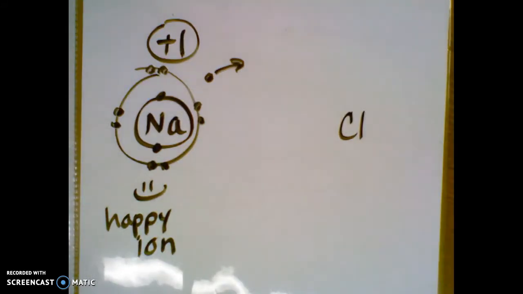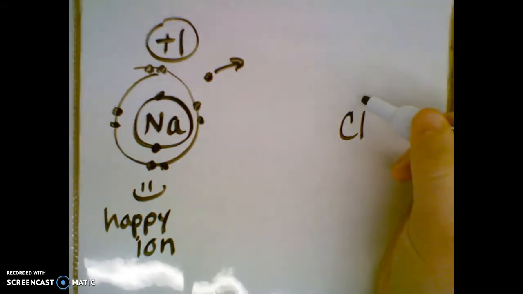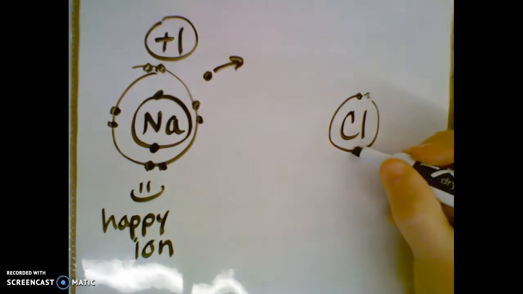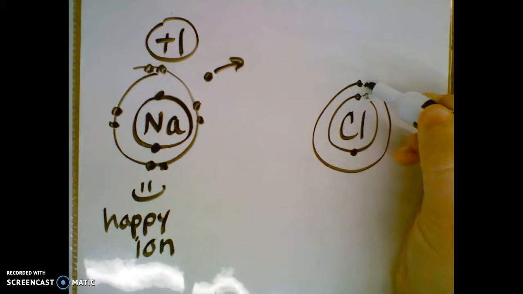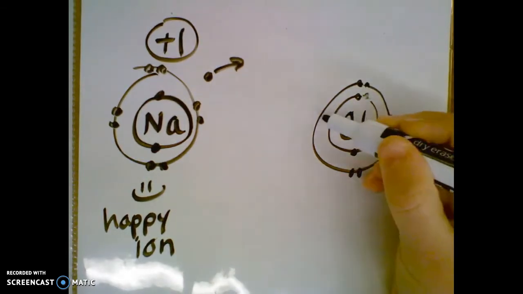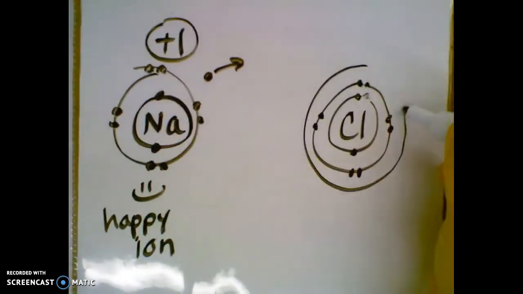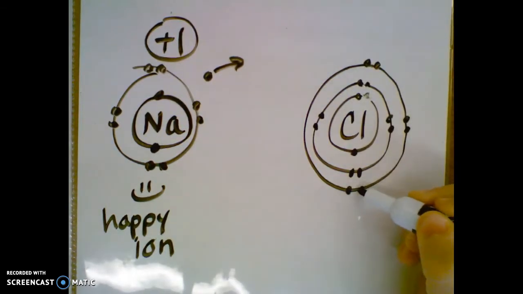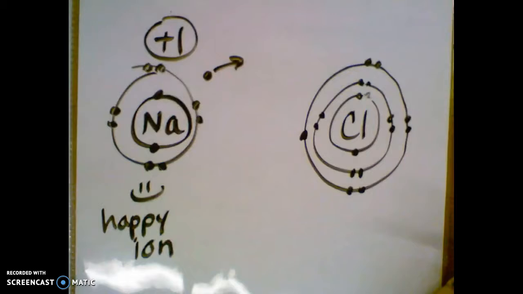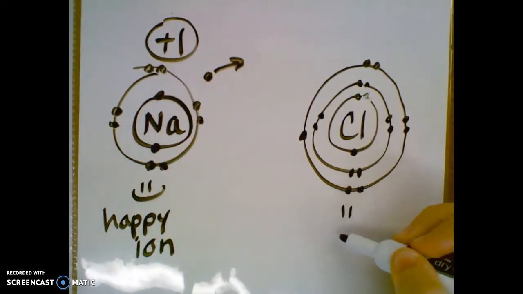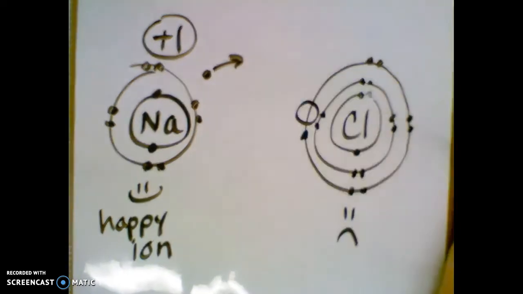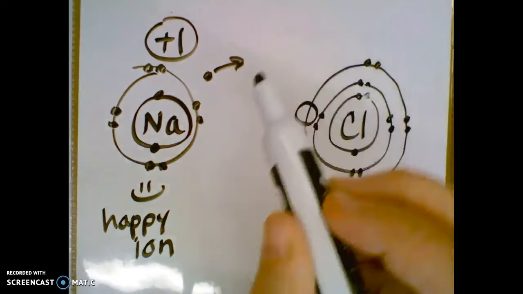And then we have chlorine, and chlorine was in group 7, which means now it has 1, 2, 3, 4, 5, 6, 7, 8, 9, 10. It has 17 electrons total, but specifically it has 7 in its outer shell. And this is an unhappy ion because it's got this empty space that it wants to fill.